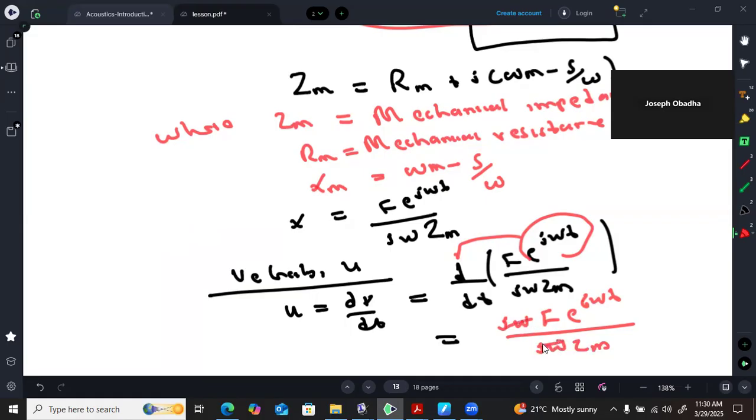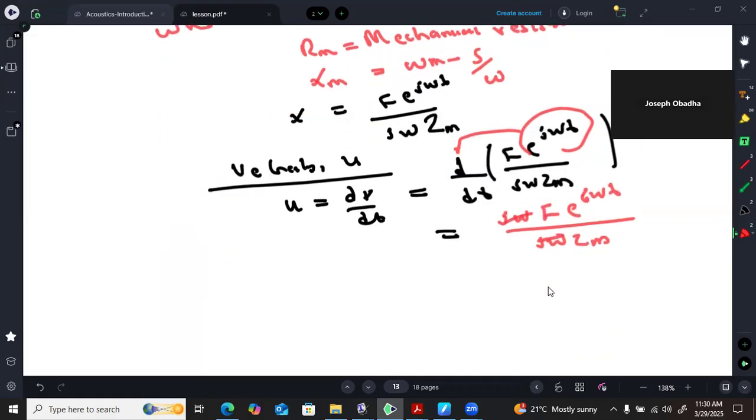That j omega cancels with j omega, so we get u equal to F e^(j omega t) over Zm, which is F over Zm.